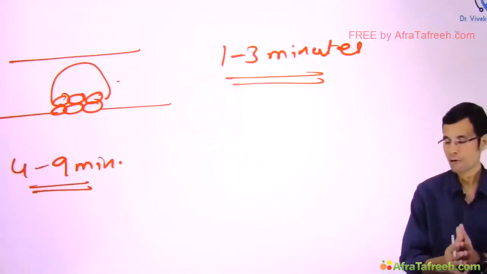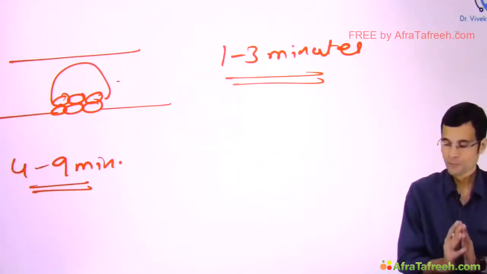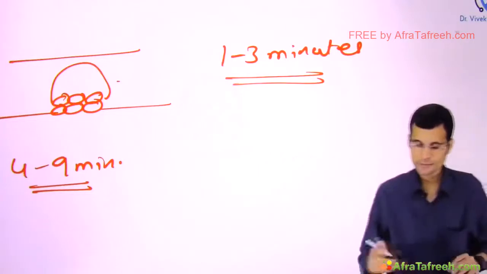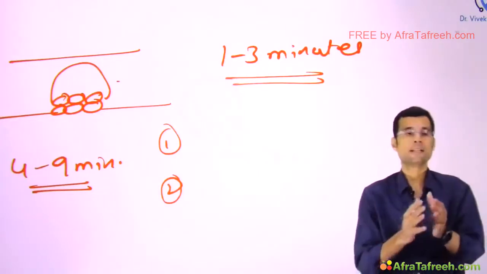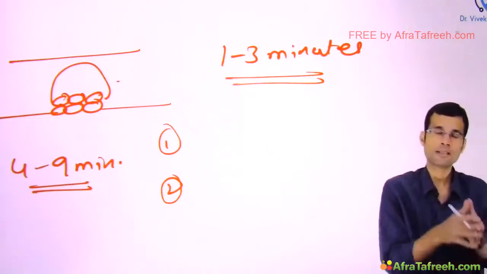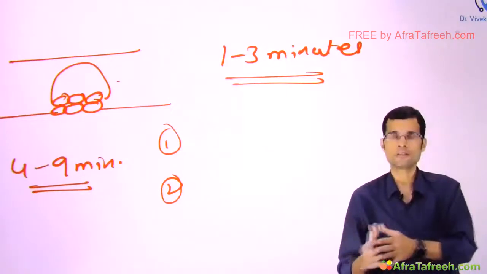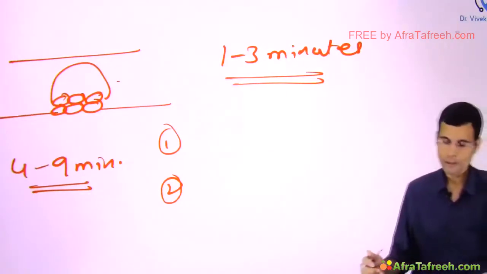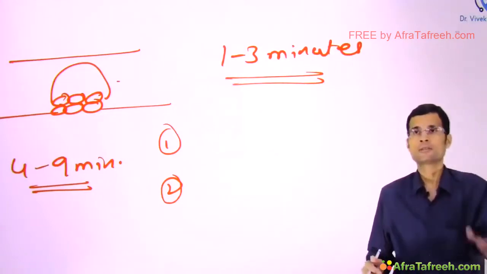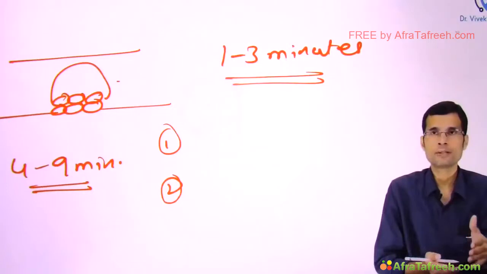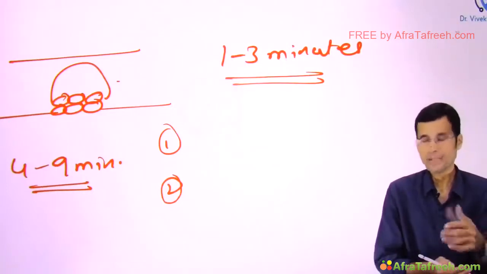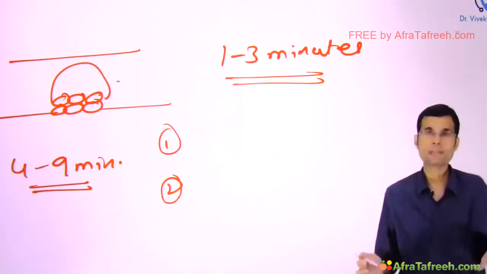Why is clot formation necessary? For 2 reasons. So let's differentiate between the platelet plug formation and the clot formation, their functions, their roles. First of all, small injuries which we encounter in a day-to-day routine are only filled by platelet plug.